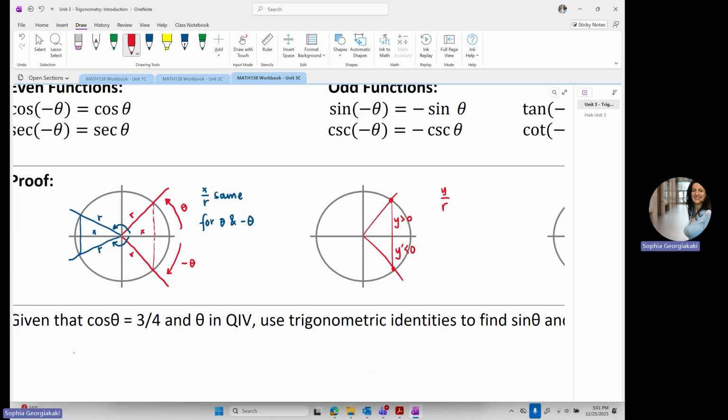So the one y is the opposite of the other y, right? So the y prime will equal negative y.